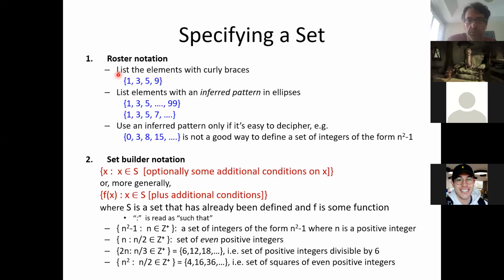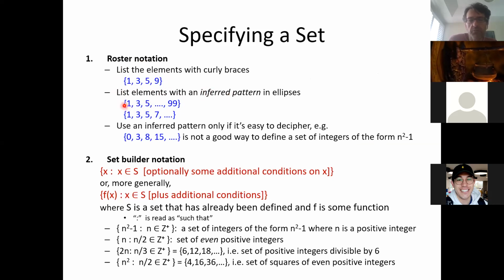Here are 2 ways in which you can specify a set. There is roster notation: just list the elements. If your set is finite and small, that's a convenient way to define a set. Here is the set of all positive odd integers smaller than 10. You can also list a larger set, which would be annoying to write out, as long as the pattern can be inferred.